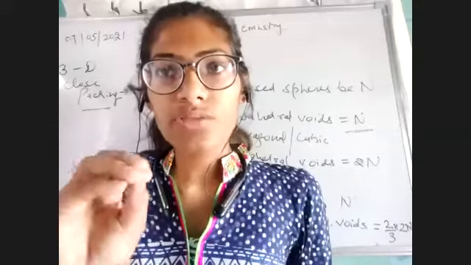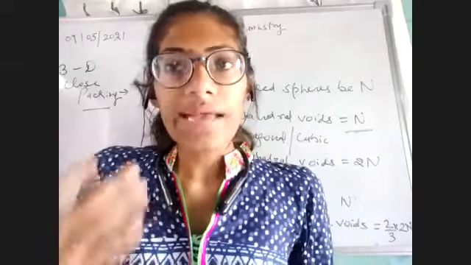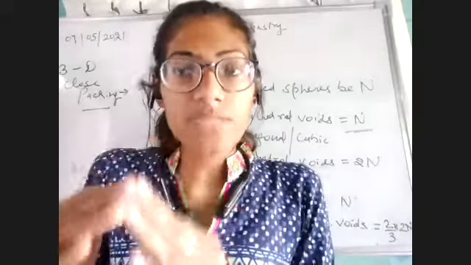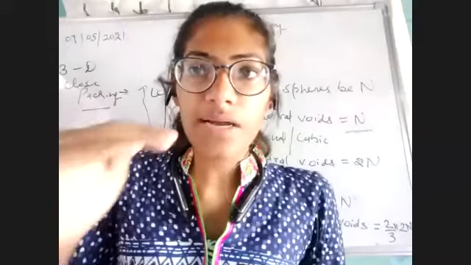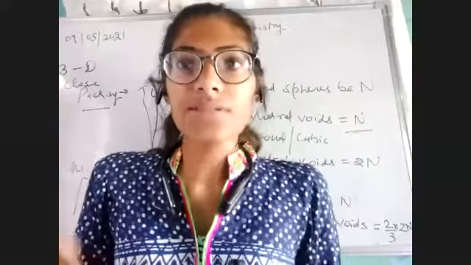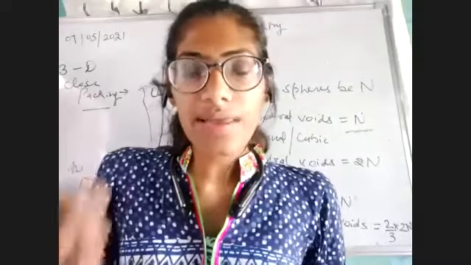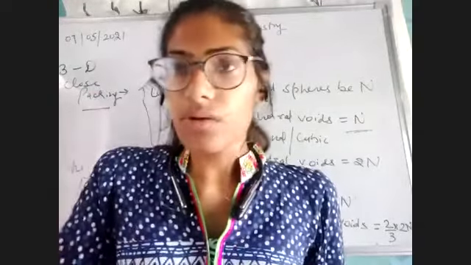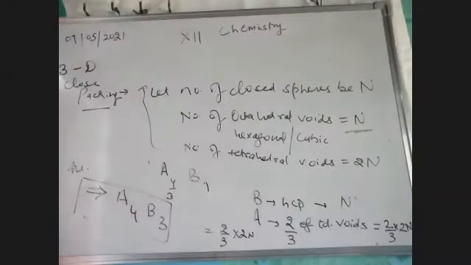First I am going to define what packing efficiency actually tells us, and then, based on that, we will look at three different types of unit cells: the simple unit cell, the face centered unit cell, and the body centered unit cell. So let's move on with the topic, packing efficiency.